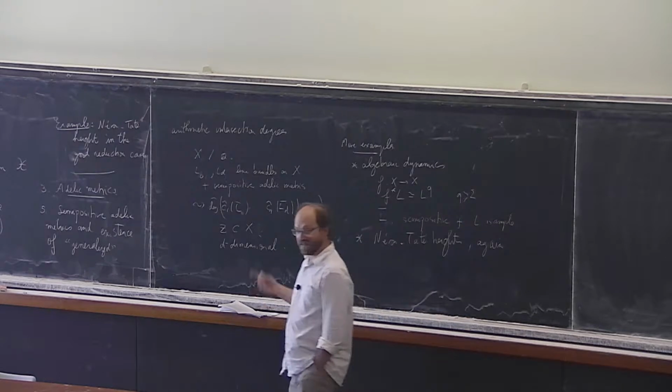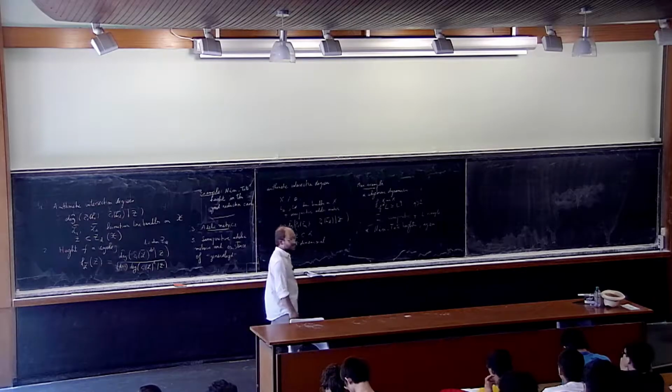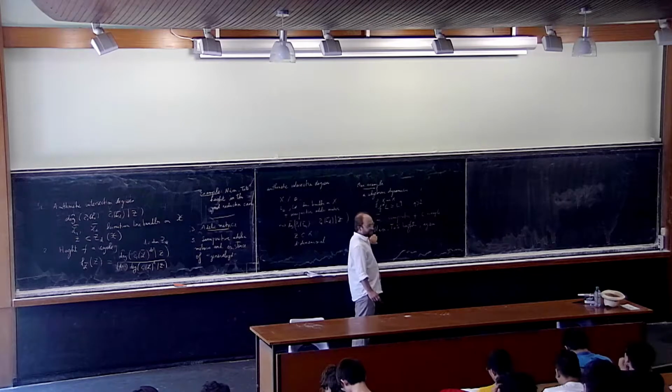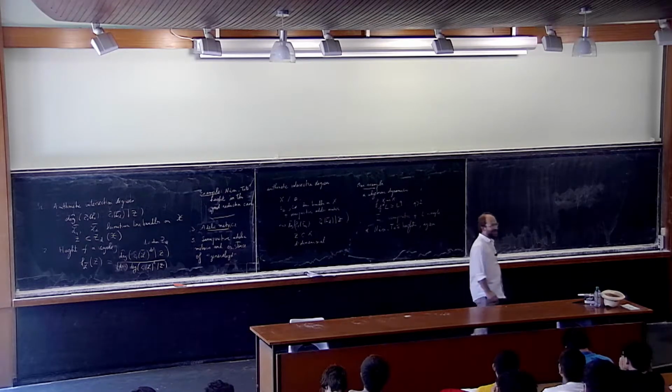And as a particular case of this, you have the case of Néron-Tate heights. Again, but this time without any hypothesis of good reduction, because this process works on the generic fiber and computes adelic metrics. And so this shows that this way of defining the Néron-Tate height is Tate's way of defining Néron-Tate's height.